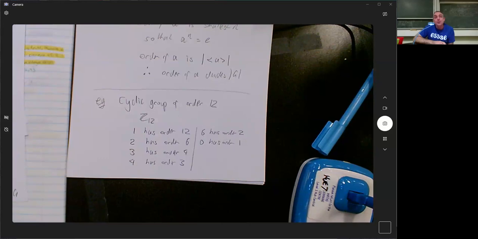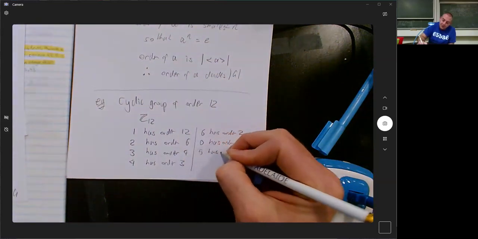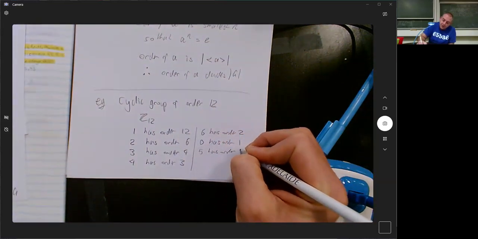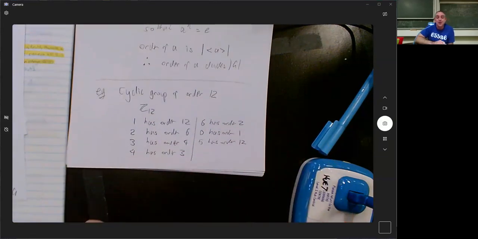8 has order 3 as well. Just while we're at it, we should have done this here. 5 has order 12. You have to add 5 to itself 12 times to get to a multiple of 12, because 5 doesn't divide into 12.